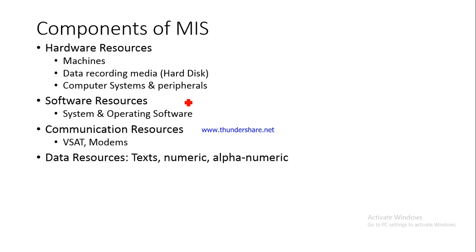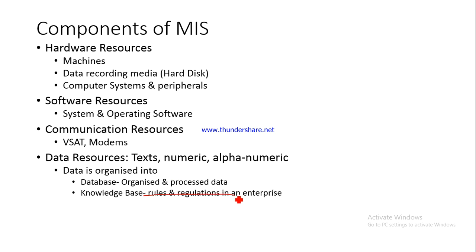You need to collect the data first, and this data can be in the form of text, in the form of numerals 1, 2, 3, 4, or a mix of the two, alphabets plus numerals, right? And then this data would be organized into a database, which is organized and processed data, and the knowledge base, which is the rules and regulations of the enterprise.